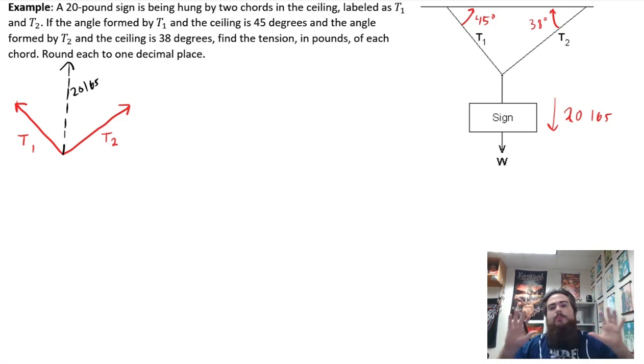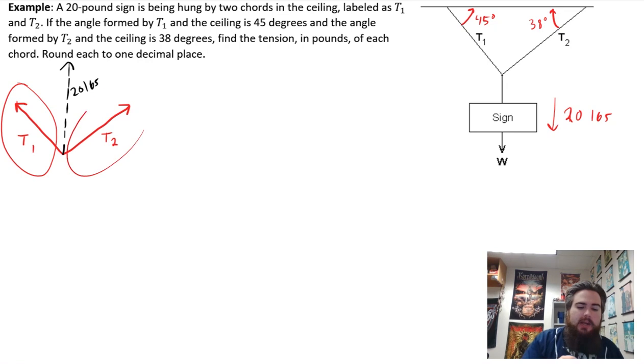It is preventing the sign from falling anymore. The reason I draw it like this is because when we have vectors and we're trying to combine them, specifically T1 and T2 together, combined should total up to an amount of 20 pounds of tension being pulled vertically upward. We can redraw that then when we consider how we can add vectors geometrically.